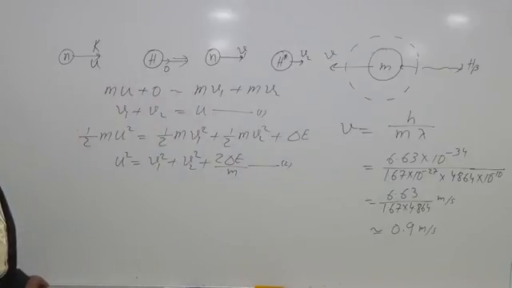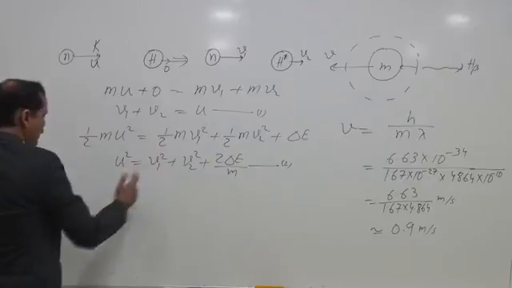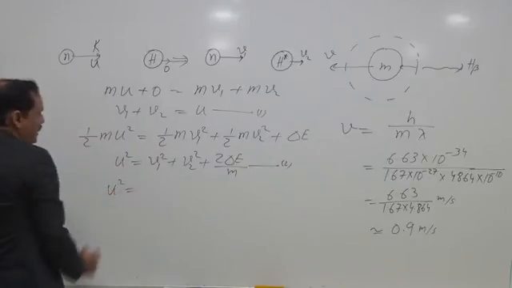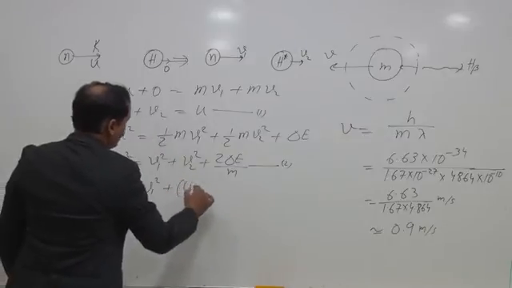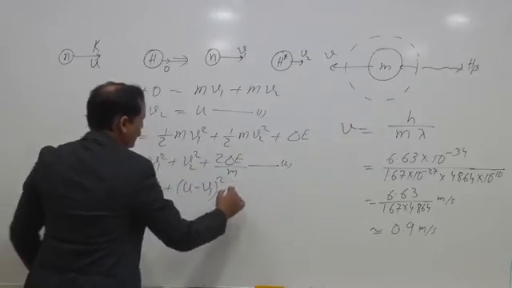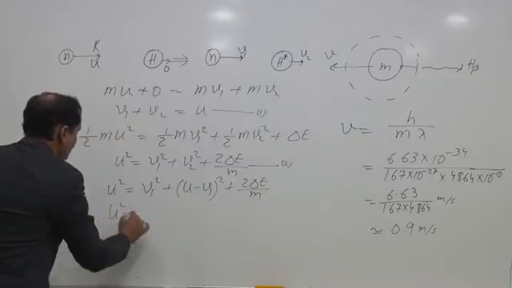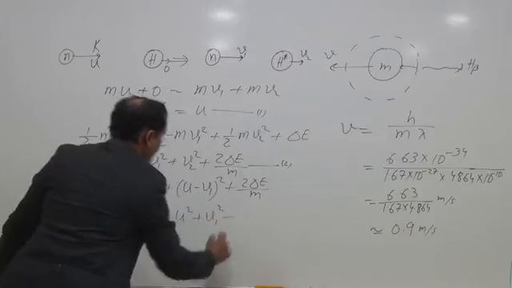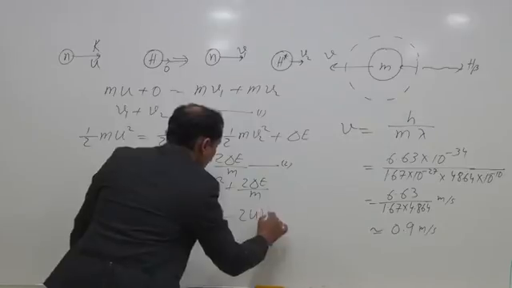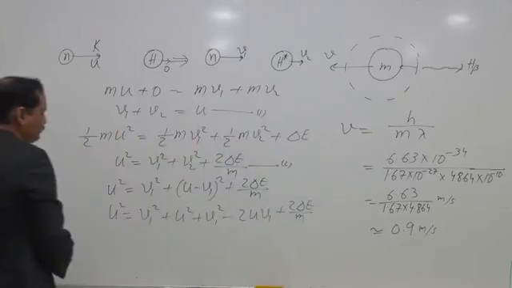Now using the first equation and the second equation, we put the value of, suppose, v2. Then we can write u square is equal to v1 square plus v2 square, where v2 is u minus v1, square, plus 2 delta E by m. Or u square is equal to v1 square plus u square plus v1 square minus 2u v1 plus 2 delta E by m.